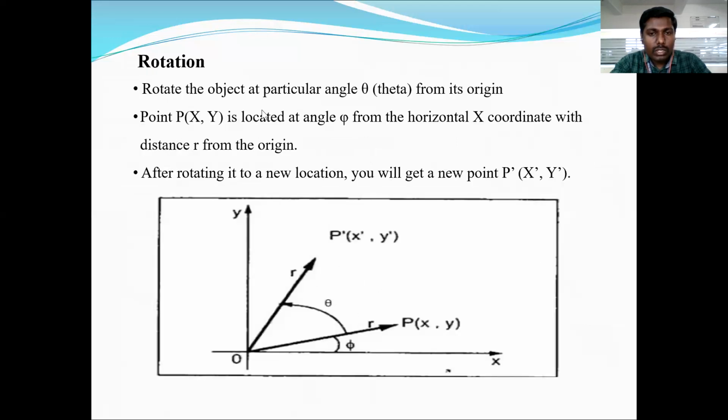Rotation. In rotation we need the angle theta. We are applying this rotation on the point P of x comma y with the radius r from its origin, and you are applying the angle phi with the horizontal x coordinate. After rotating it to the new location, you will get P dash of x dash comma y dash. So this is rotation.